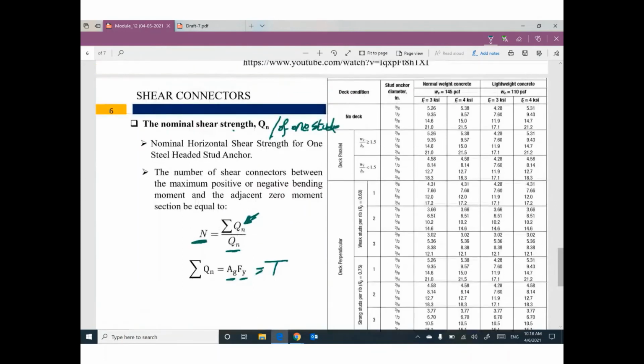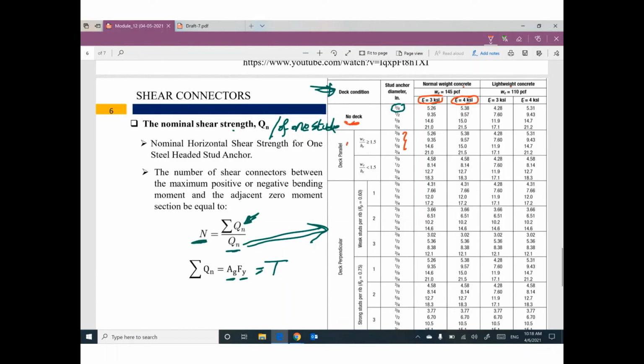How can I figure it out? Using this table. Based on the diameter of the anchor and the F prime c of concrete, I can give you the value of Qn. So Qn from this table is based on the diameter, the F prime c of concrete, whether you have normal weight concrete or lightweight concrete, and whether you have concrete with steel deck or no deck.